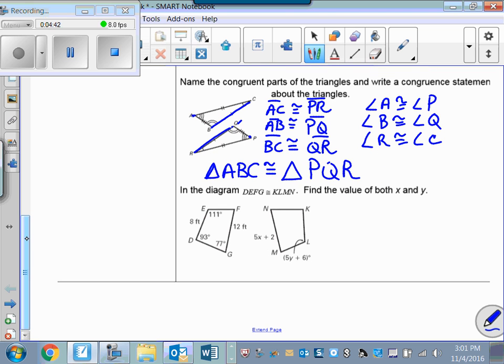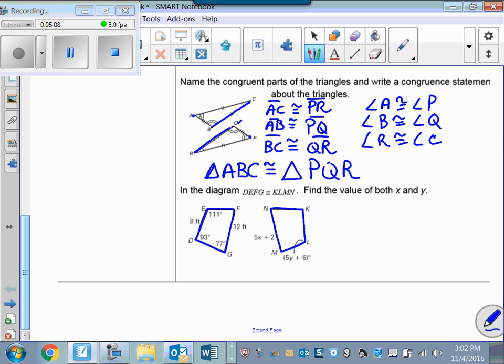All right, how about here? We've got quadrilaterals, and we know that DEFG is congruent to KLMN. And they are not situated the same, but that's okay because we know which parts are corresponding because of the way they're listed. All right, so let's see, we're trying to find the value of x.